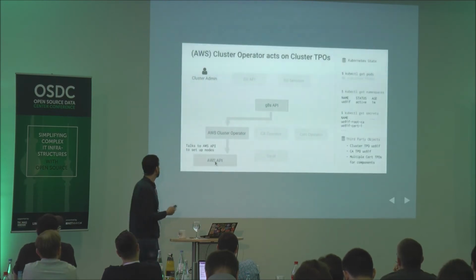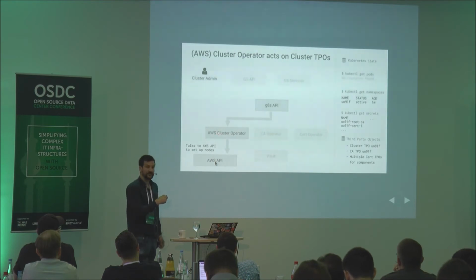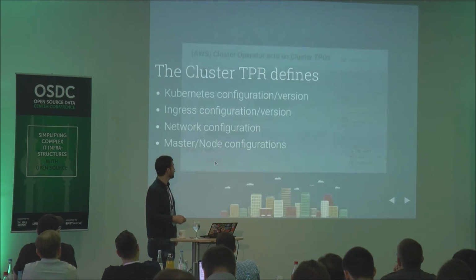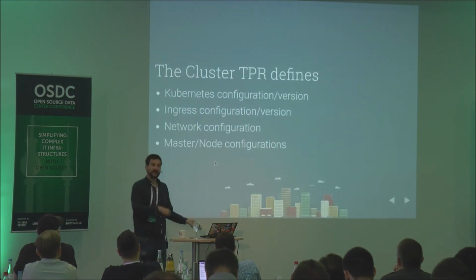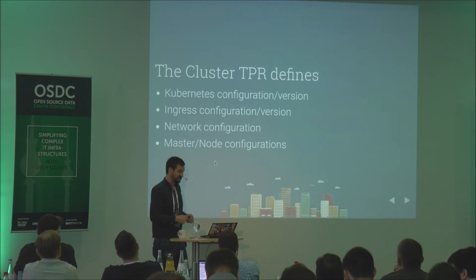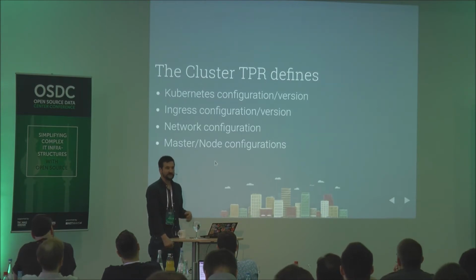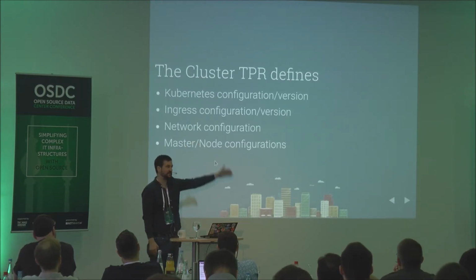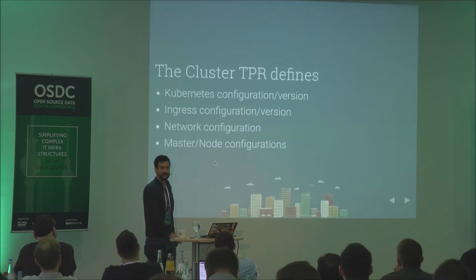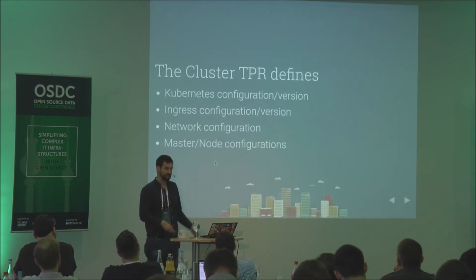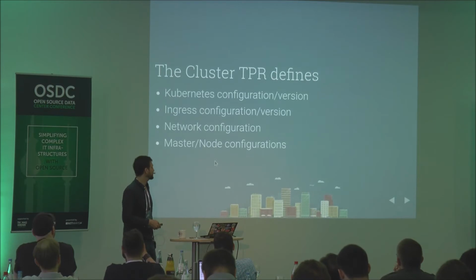And similar on AWS, but then you don't get pods in here, but actually the AWS operator talks to the AWS API. And typical things that are in those cluster definitions are configuration and versions, a huge list of YAML attributes that didn't fit on my screen. So sorry for not giving you some examples.